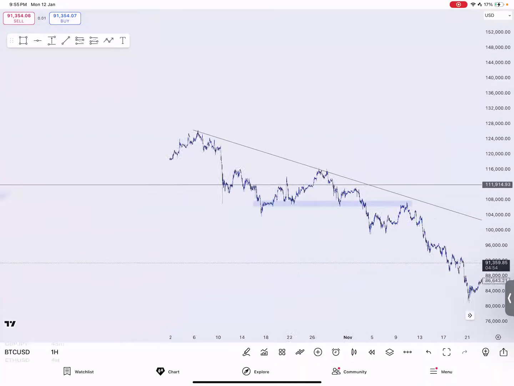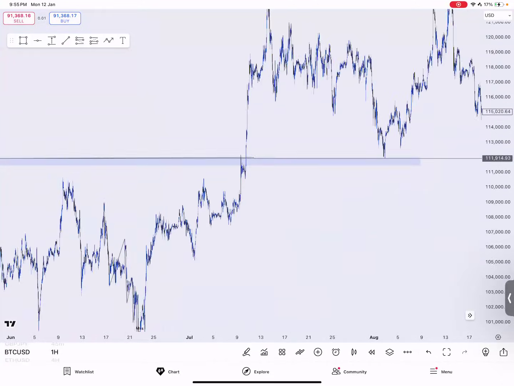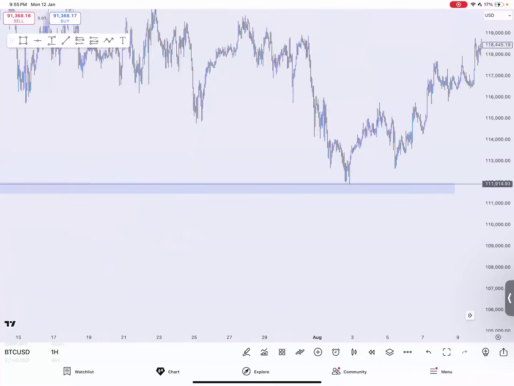So that daily time frame breaker there, that's the zone. Let's go to the chart and observe.